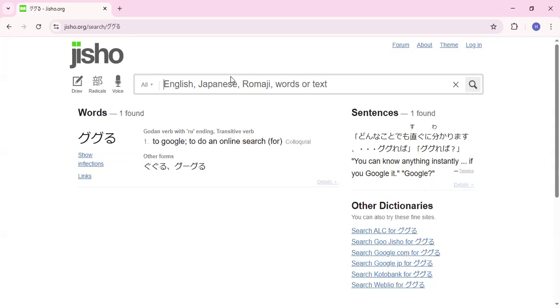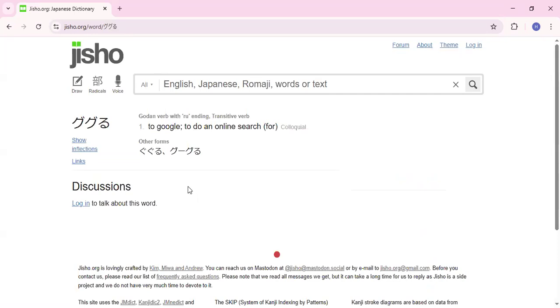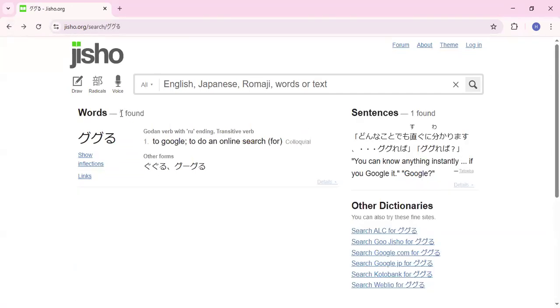I don't know where this comes from. I guess it might just be the database that's good, but Jisho definitely is. I love using it. It's easy, it's simple. You don't need to use hiragana or kanji. You can just type it like this, and colloquial words are readily included here.